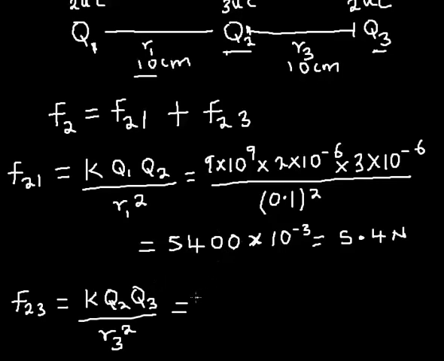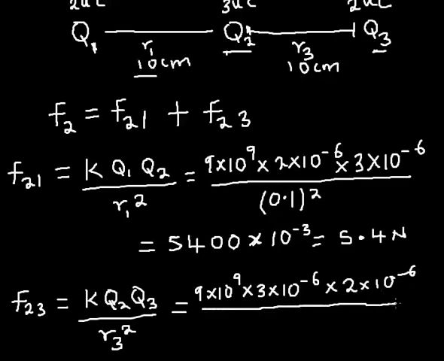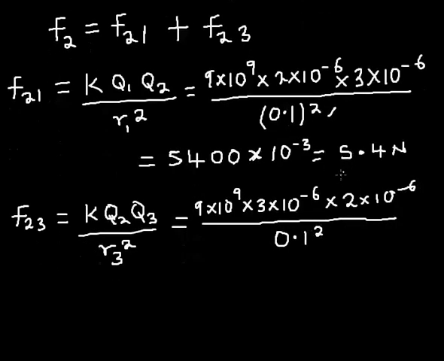This is going to be equal to 9 times 10 raised to the power of 9, of course Q2 is 3 times 10 raised to the power of minus 6, Q3 is 2 times 10 raised to the power of minus 6, right? Then divided by the same, that's 0.1 square. So it's the same as this. Whatever we have, we still get the same answer. That's F23, we still yield 5.4 Newton.